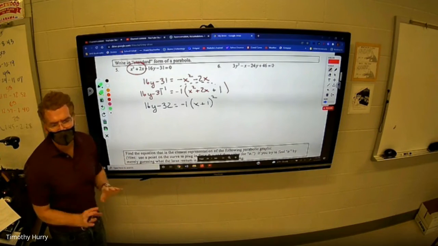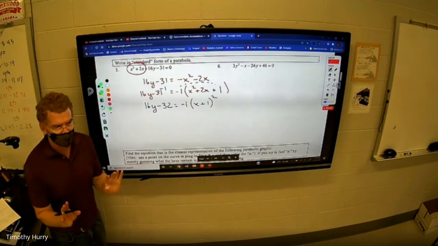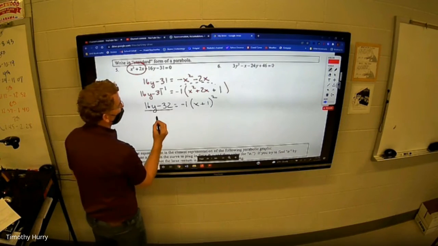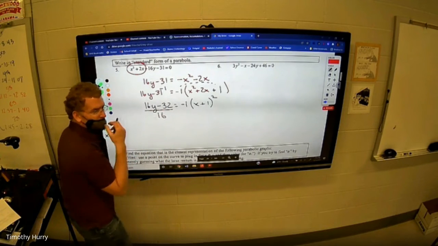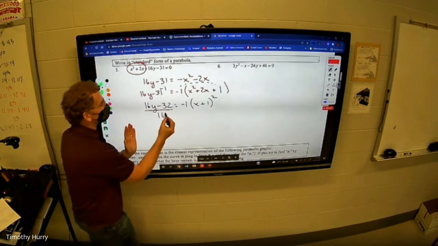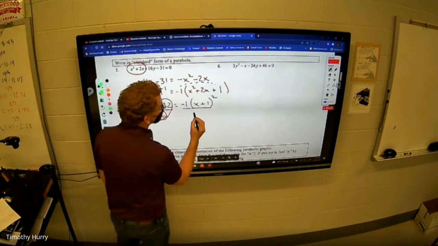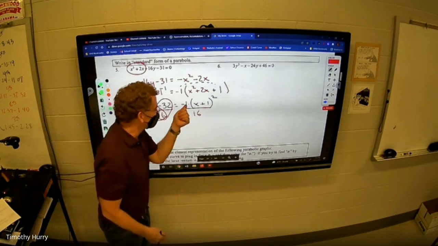Now, I see all kinds of ways people butcher this. So let me give you 2 ways you can do it. Now, if I divide by 16, dividing by 16 into something plus something or something minus something is kind of like the distributive property. It has to go under both parts. But dividing this by 16, technically, there's 2 things that are being multiplied together.